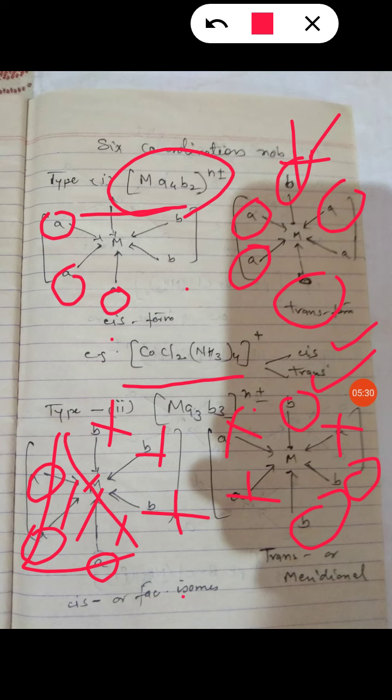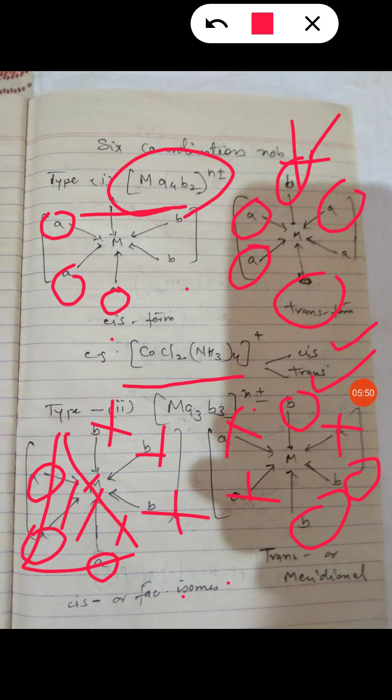Cis or facial. But if they are different, then it is said to be trans or meridional. Meridional means opposite phase.